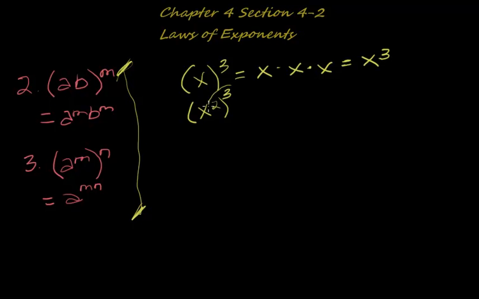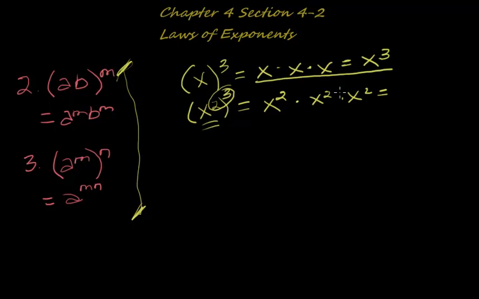So the question is always, do I add these or do I multiply them? Here's the way to figure this out. The same reasoning applies as up here. What we're saying is whatever is inside the parentheses times itself 3 times. So we have x to the second times x to the second times x to the second, and that means we add them all up.